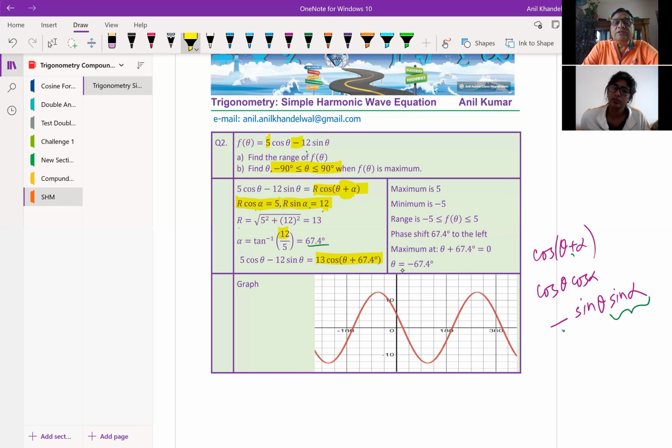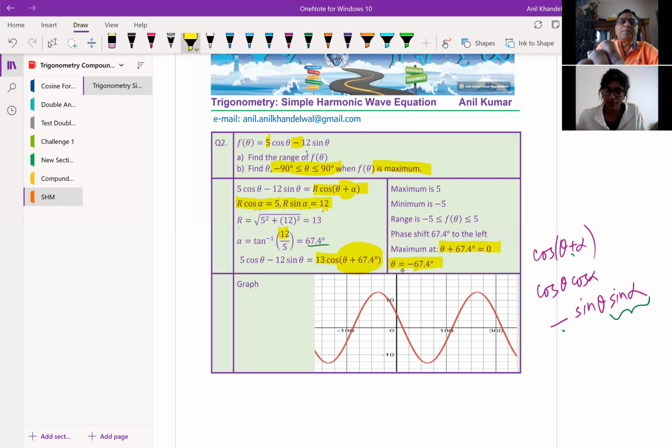Now the question here is, how do you find the maximum? You will equate this term to 0, right? We get a negative angle, 67.4, but they're asking for the minus 90. When you think maximum, you think it has to be positive, but this is the angle theta.